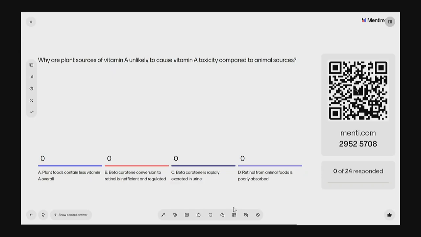Okay, so next one, our question is about why plant sources of vitamin A are unlikely to cause vitamin A toxicity compared to animal sources. If you recall yesterday, just a little clue, we talked about preformed vitamin A and provitamin A and the differences between the two.